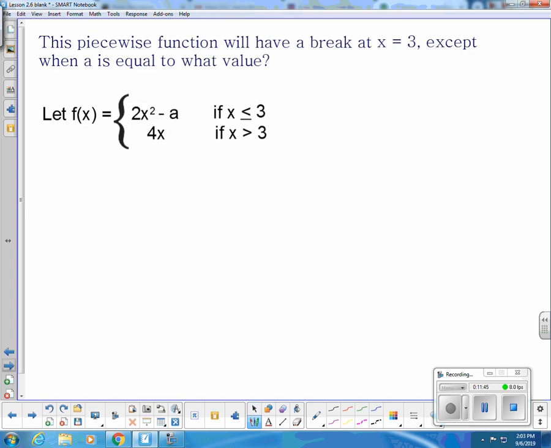The other one is this question. They're saying the piecewise function will have a break at x equals 3, except for a certain a value. When these guys are equal, there's no break. So they want you to figure out which a value would allow these two to be equal. Okay? Do we know what x is? They told us x equals 3.